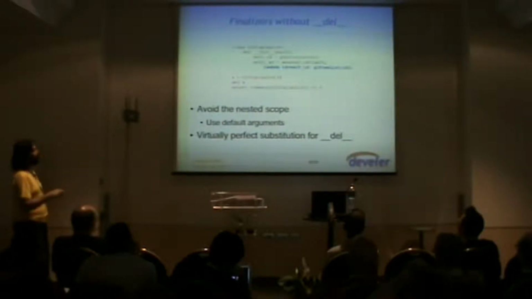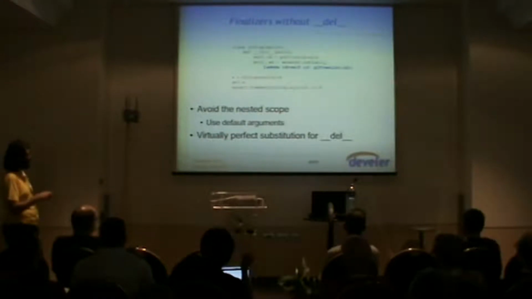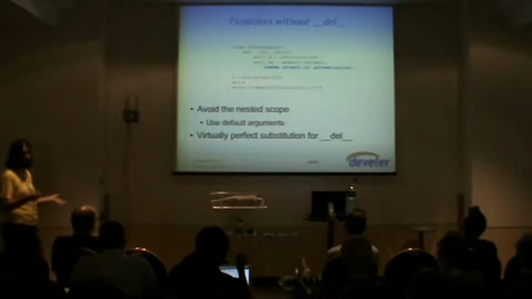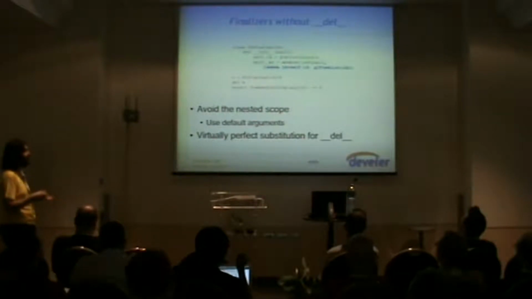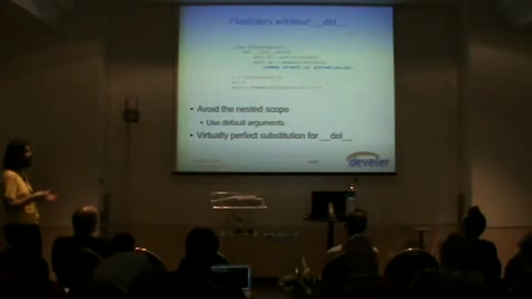So if you just get a reference to self.id here when you create the lambda function and you assign it to ID, basically this lambda function doesn't need a nested scope anymore, because it doesn't access anything outside itself. It just calls a global function, and then just uses this ID default argument.